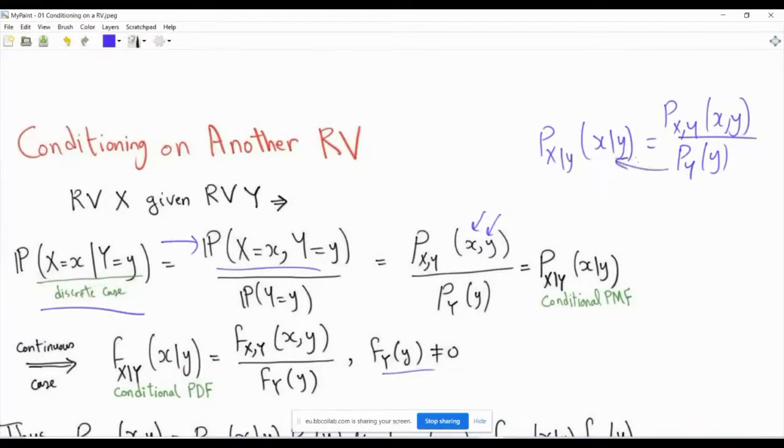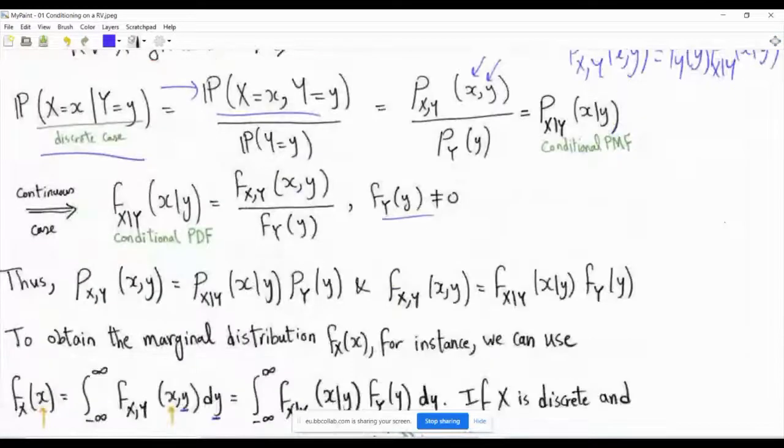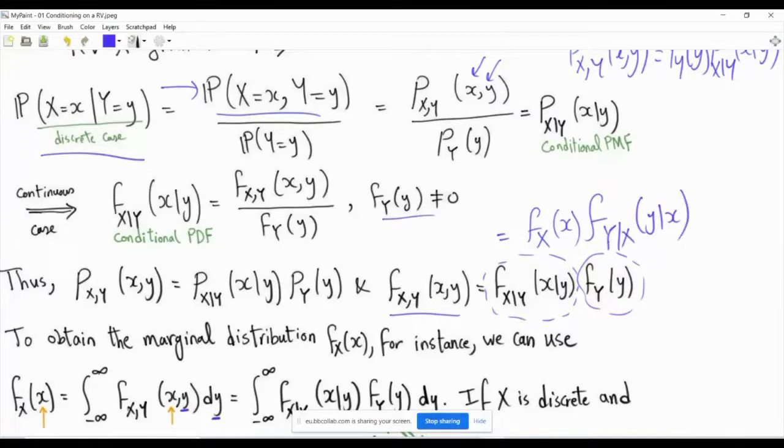You can just move this over, and so the joint is the PMF of Y multiplied by the conditional PMF of X given Y. In the continuous case, the joint PDF can be written as the PDF of Y multiplied by the PDF of X given Y. And you can guess that you can also write this as the PDF of X multiplied by f of Y given X, which is the conditional PDF of Y given X. So this gives you more flexibility: you can write the joint distribution as the product of a marginal distribution and a conditional distribution.